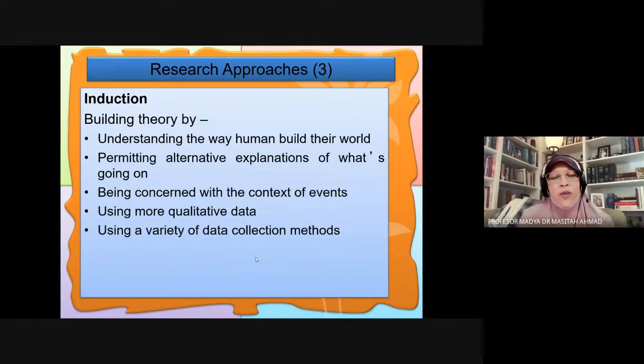We are not saying that quantitative is not good, but when we go for qualitative, normally we can get the information and knowledge directly from the person who experienced that event, and they can explain based on their way of going through that experience.